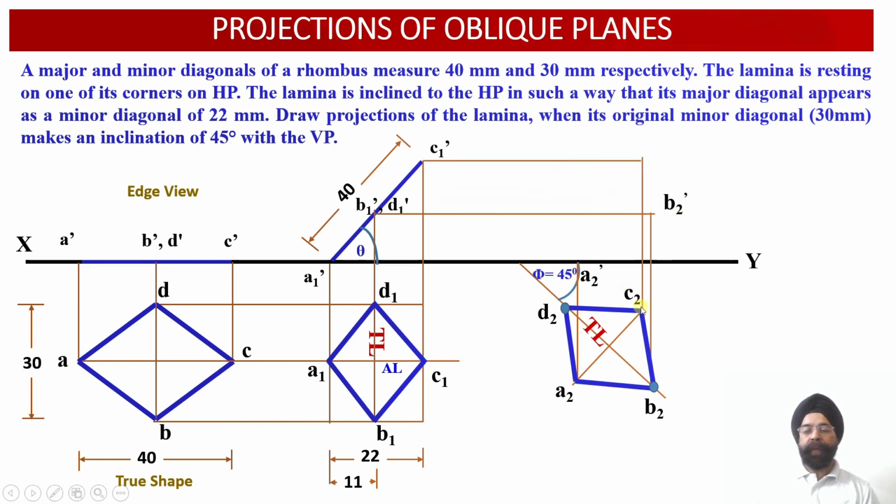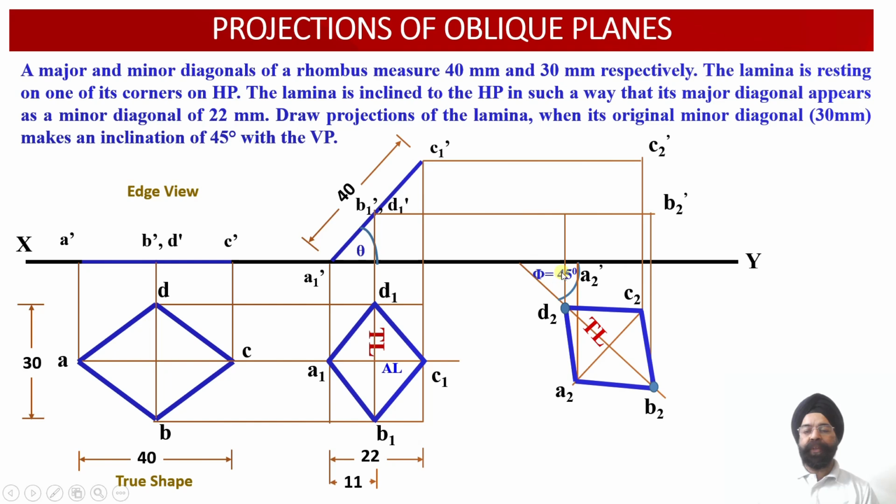Similarly, for obtaining C2 dash, draw a vertical projector through the point C2 and extend it till it intersects with the horizontal projection line drawn through the point C1 dash. This intersection provides us with the location of the corner C2 dash in the front view corresponding to the point C. Finally, the point D2 dash has to be located.